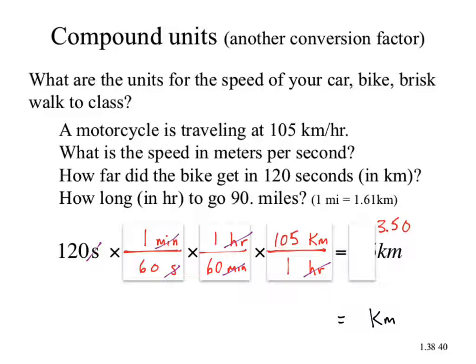Kilometers per hour. That unit makes more sense because it already sets me up with getting to the correct final answer. So I could write 105 kilometers per hour. Okay, what's in front of the hours? 1. Okay, cool. Why did I place the 105 kilometers in the numerator and not in the denominator?